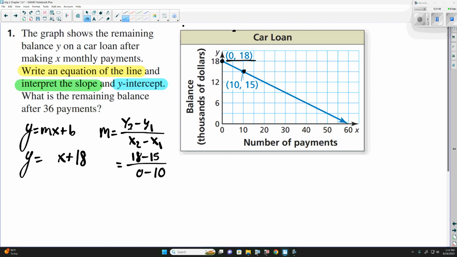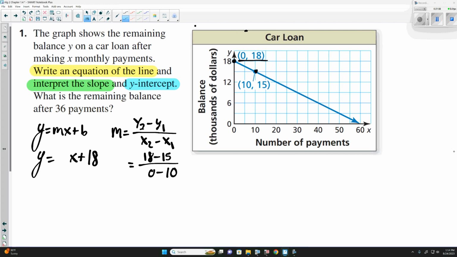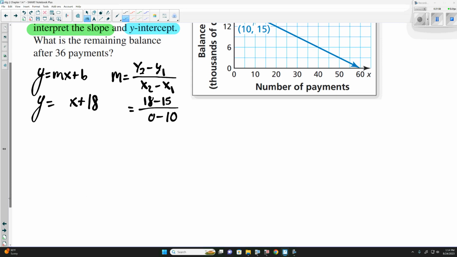Does it matter? Let's see. On the other side, our first part, 18 minus 15 is 3. 0 minus 10 is negative 10. So it's negative 3/10, or negative 0.3.